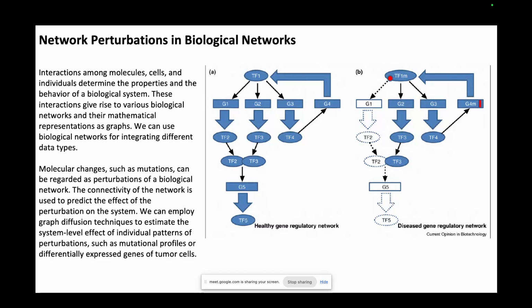So predictions like this help in various cases, for example drug development, targeting a particular gene or protein, etc. Right. So this is how network perturbations are viewed in biological networks. This was just an example to show how it is viewed.